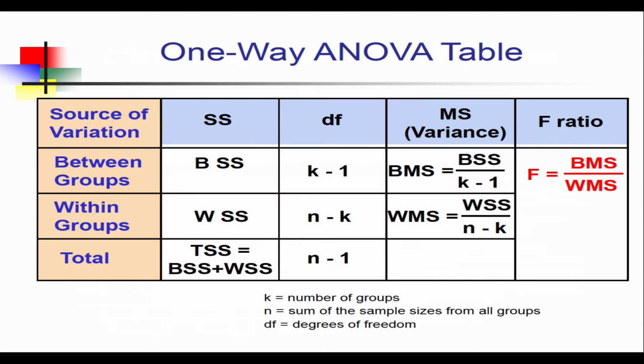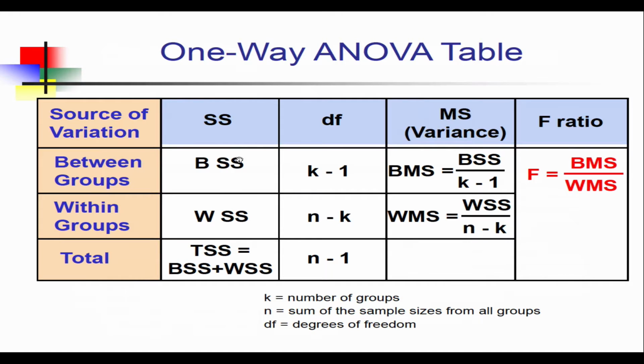For all of those quantities, we summarize them into this one-way ANOVA table. It's a very important table. You should understand each element in this table. The first column tells you the source of variation. The first row is the between group variation, then the within group variation, and the sum of those two parts is the total variation.